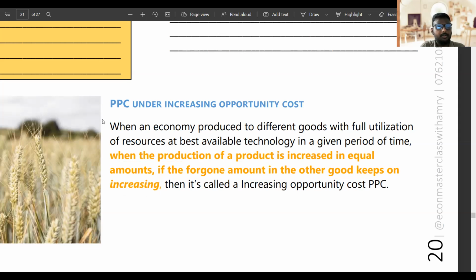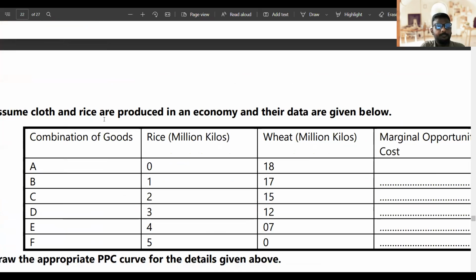So if you have a look at the table given below, you can see here rice, wheat. Initially rice 0, wheat production 18 million kilograms. Now, when you produce 1 unit of rice, you are losing 1 unit of wheat.